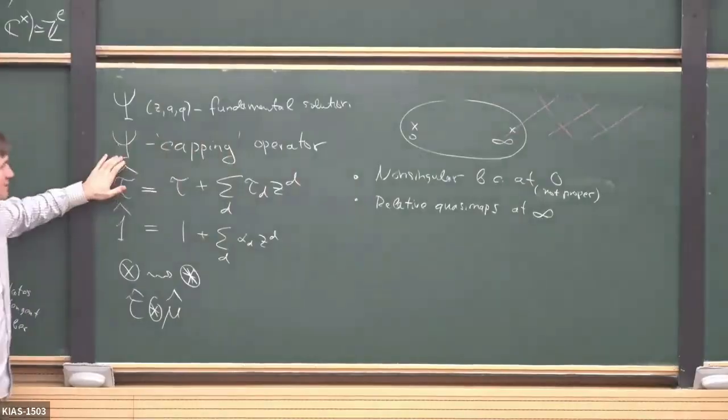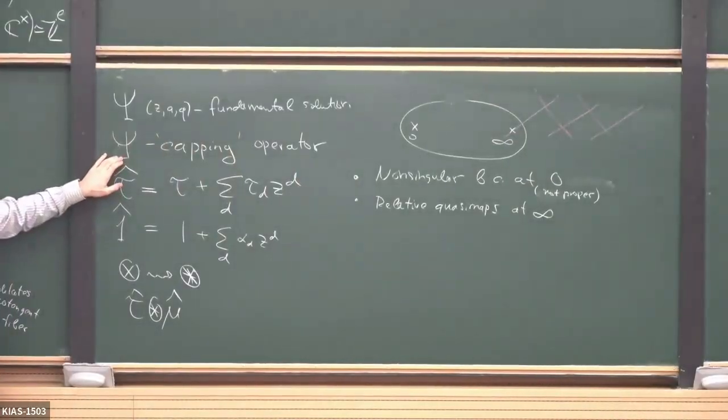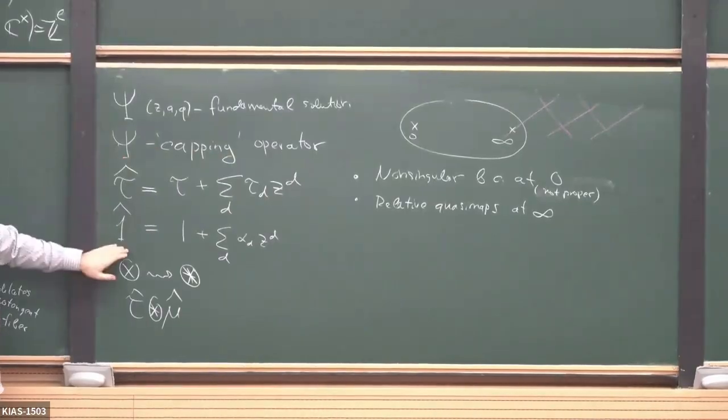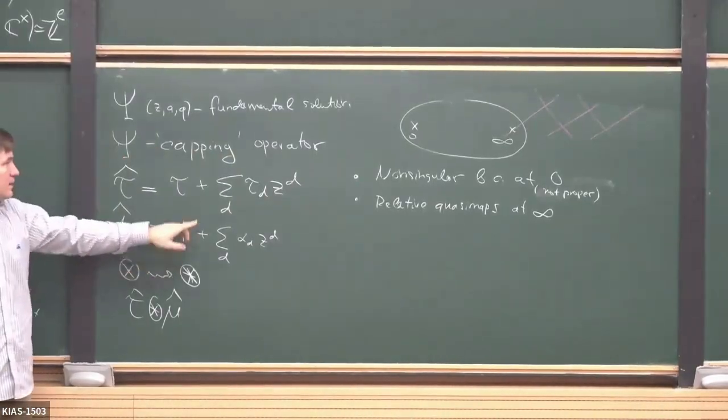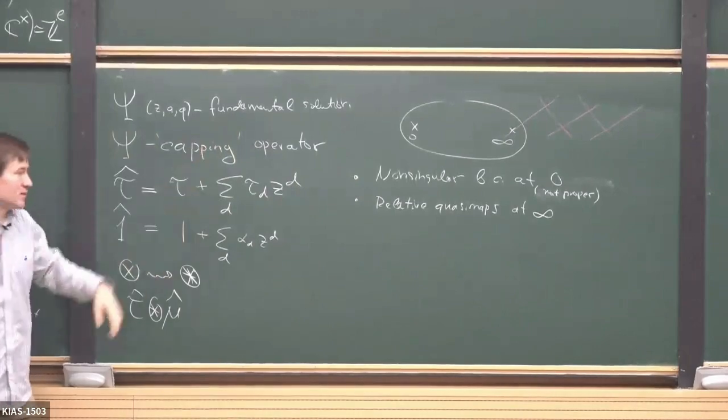So psi, roughly speaking, is a partition function. It's like a quantum K-theory class of 1, provided these boundary conditions.